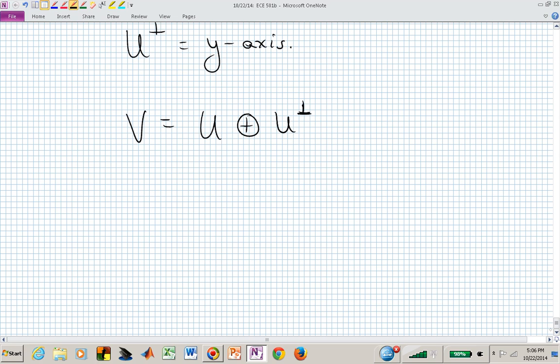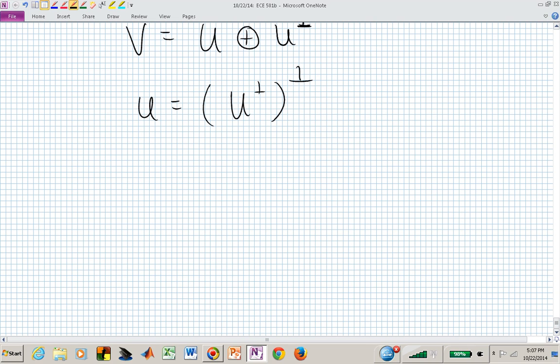That's this direct sum decomposition concept. What else do we know? If we look at U, the x-axis, we take the orthogonal complement to that, the y-axis, take the orthogonal complement of the y, we get back to x. So U is the orthogonal complement of its perp in this example.